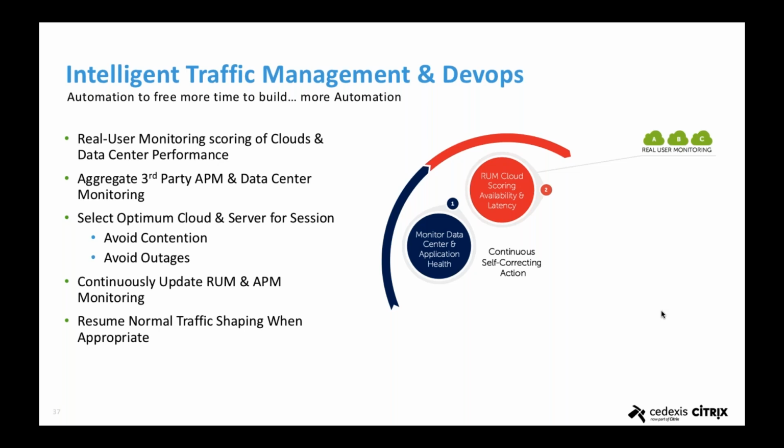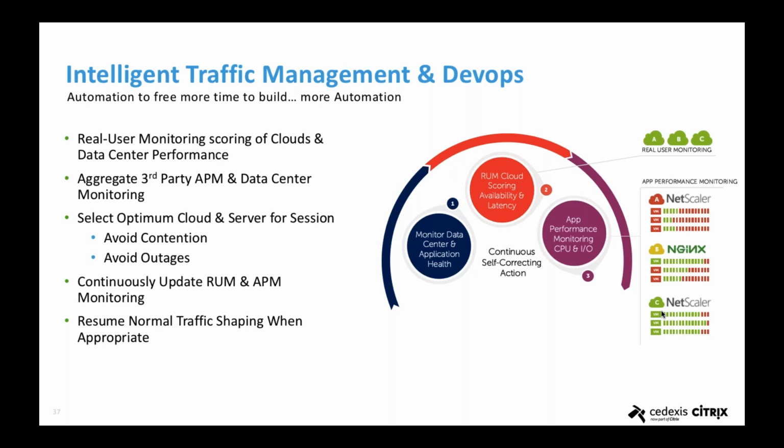Like in this example, cloud A, B, and C. If for all of these users these cloud regions look good, now let's look at what's happening on the inside. Maybe cloud A and cloud B are a bit overloaded, have a lot of traffic or a lot of errors, and region C might be the best candidate.